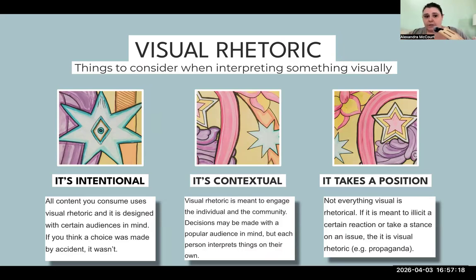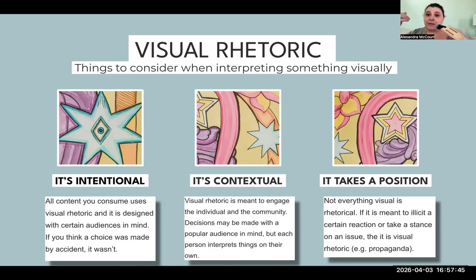All the content that you consume uses visual rhetoric in some capacity, and it's designed with specific audiences in mind. Just like when you write an essay, you have an intended audience. So does visual rhetoric. So do artifacts that require us to think rhetorically and visually. But if you think a choice was made by accident, it wasn't. It was intentional 100% of the time.